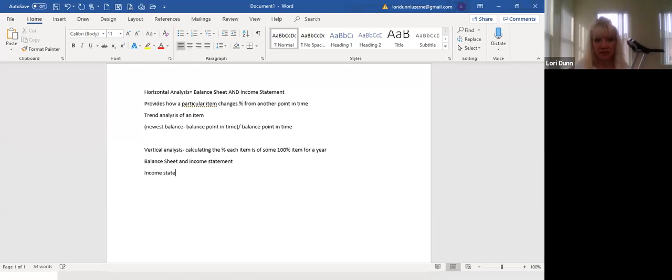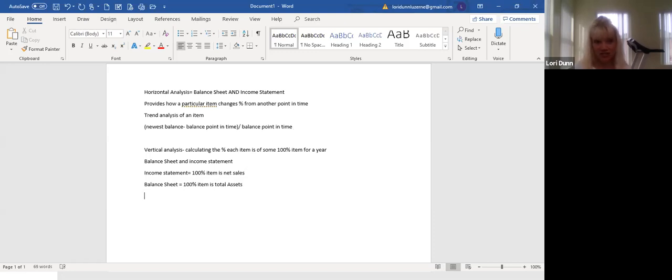On the income statement, the 100% item is net sales. So it's defined. On the balance sheet, the 100% item is total assets.